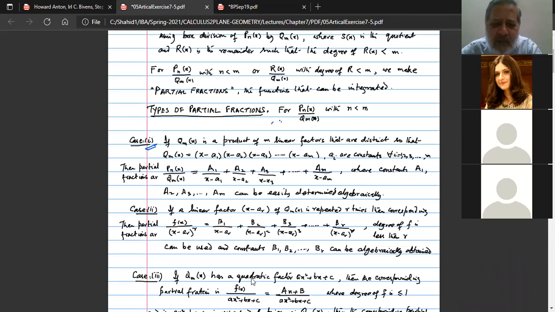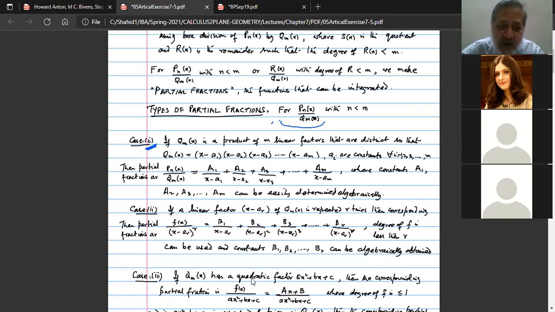We are saying that we will do partial fractions when the numerator polynomial has a smaller degree and the denominator polynomial has a larger degree, or the denominator can be factorized. The first case of a factorized denominator is that all the factors of the denominator are linear. This means the denominator is the product of only linear factors.